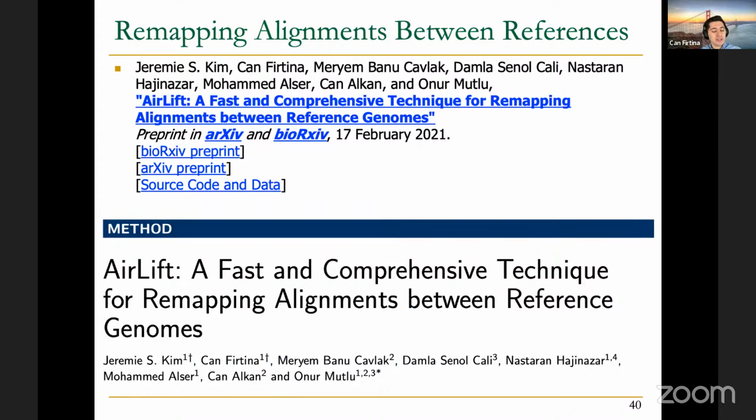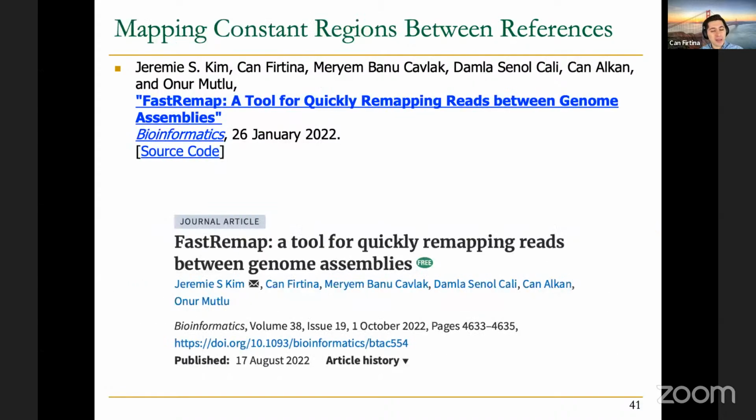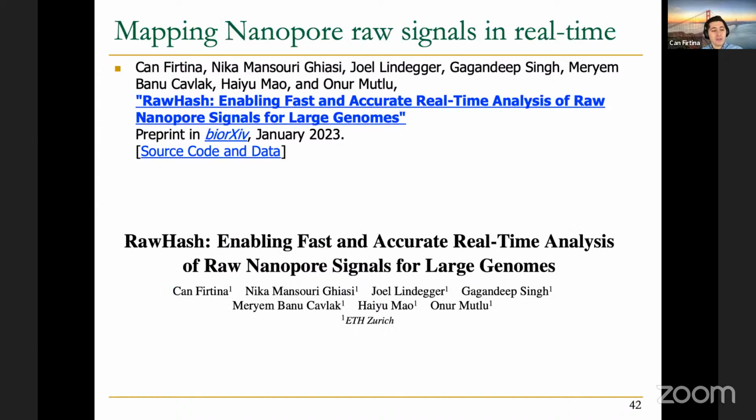We also have Airlift that can map the reads from one reference genome to another one if these reference genomes are close to each other. FastRemap, again, is similar to Airlift, a more simplified version of Airlift to perform the most important steps in remapping.